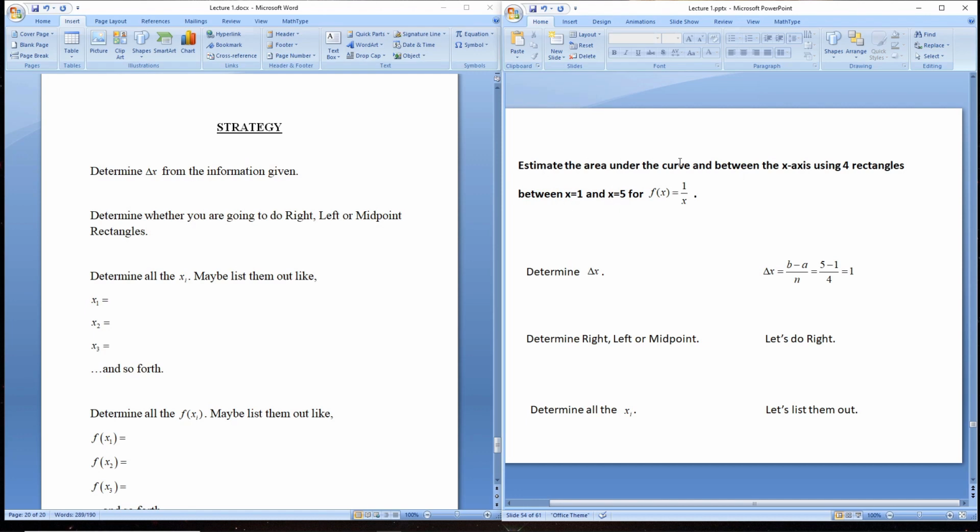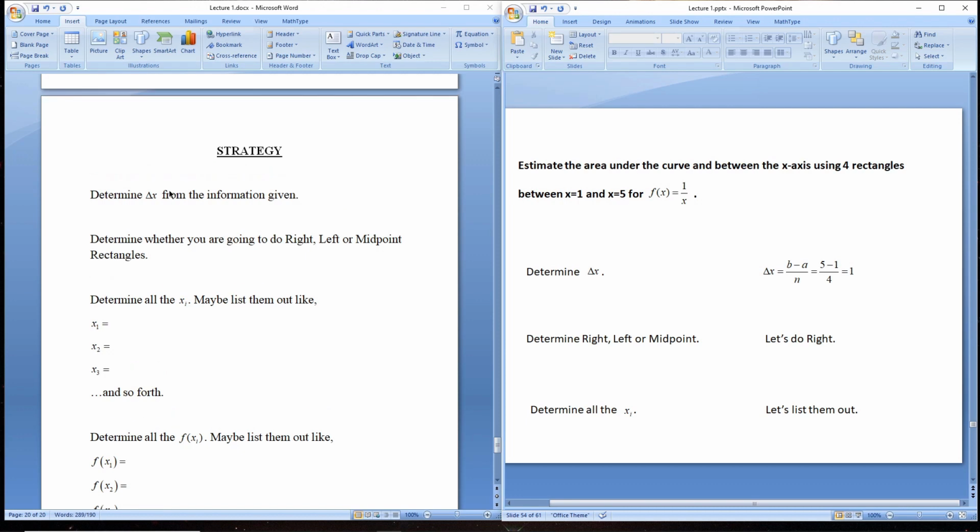So here's a typical homework problem. Estimate the area under the curve and between the x-axis using 4 rectangles, so that's n, between x equals 1 and x equals 5, so that's b, and that's a, for this function 1 over x.